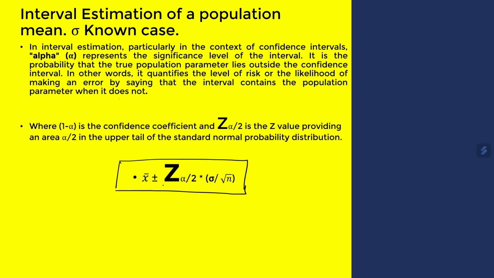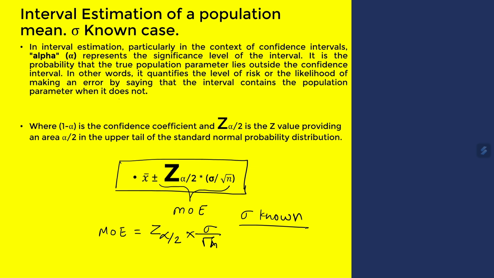So margin of error is equal to Z alpha by 2 into sigma divided by root n, small n. We are using this formula because we are in the sigma known case. This is what I have written over there: interval estimation of population mean, sigma known case.